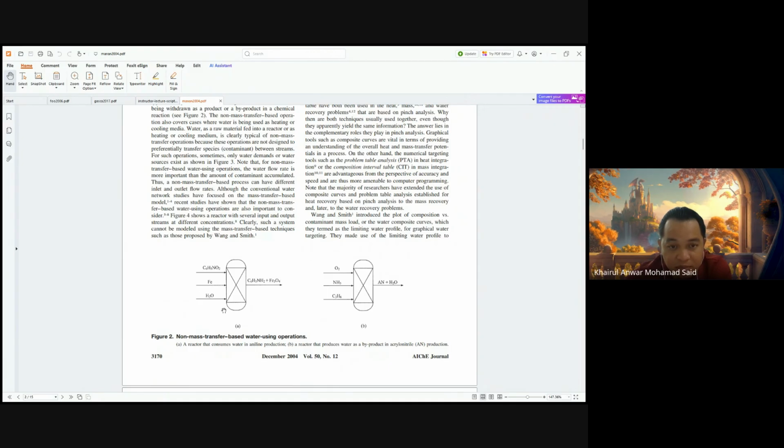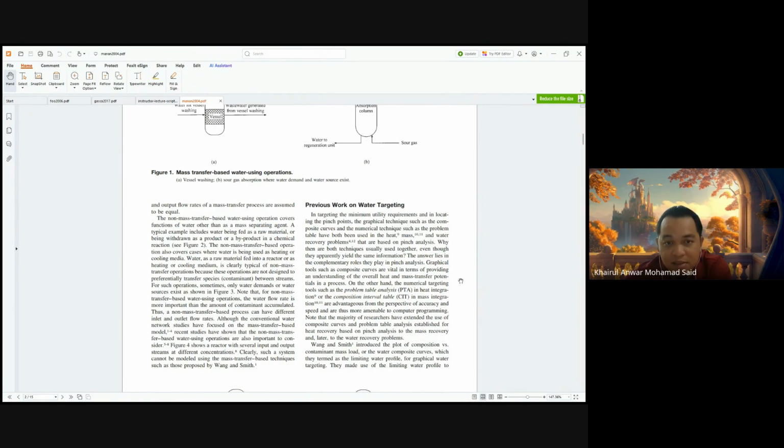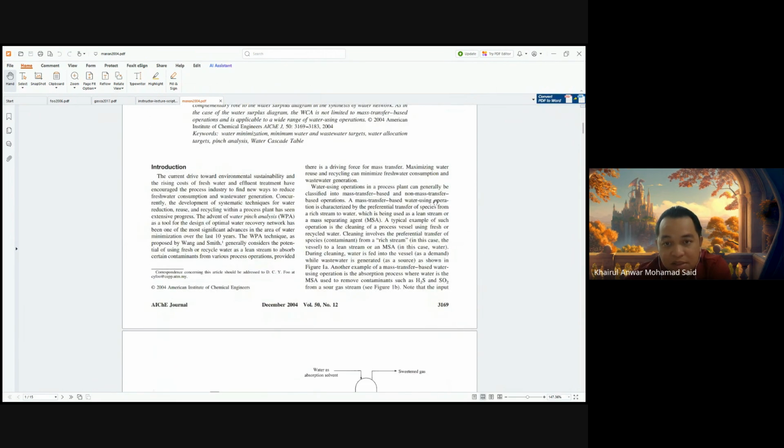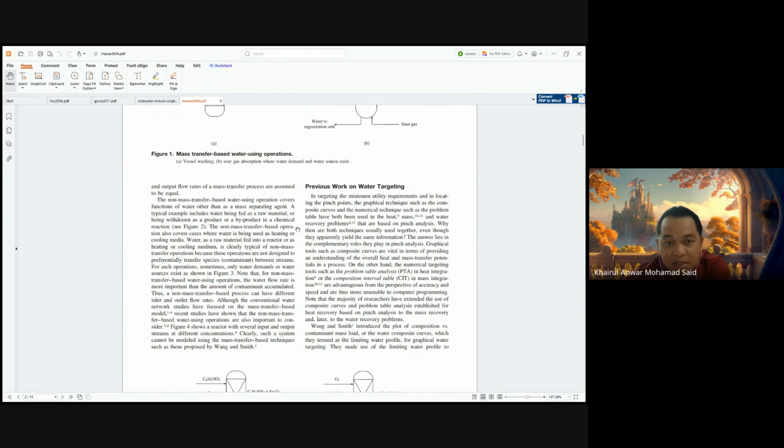You have input water, but the output is lower. The same thing for B here. There's no water entering, but after the reaction occurs, water is produced as a byproduct. So to know more, this paper is the best to understand this.